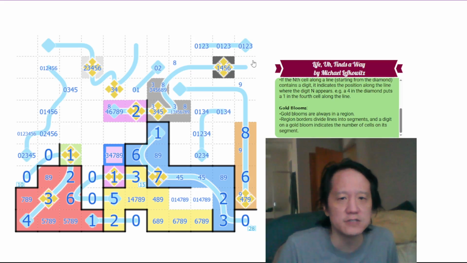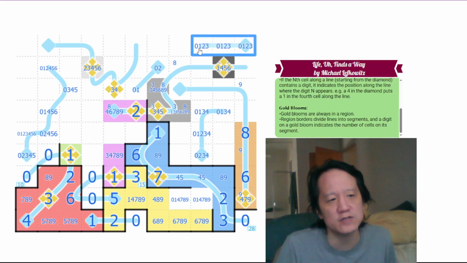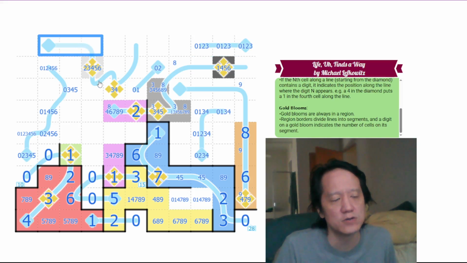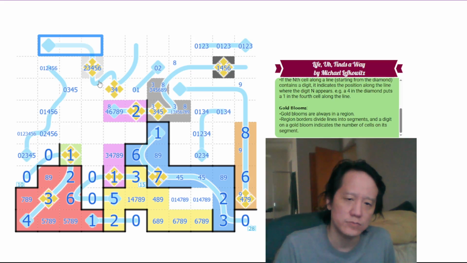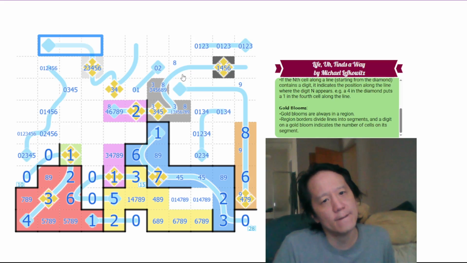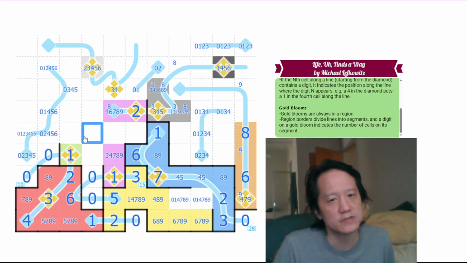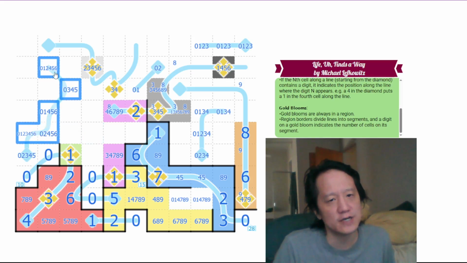So that means this is guaranteed to have at least 1 cell. This is guaranteed to have at least 1 cell. Interesting. This is not guaranteed to have any cells. This is not guaranteed to have any cells.